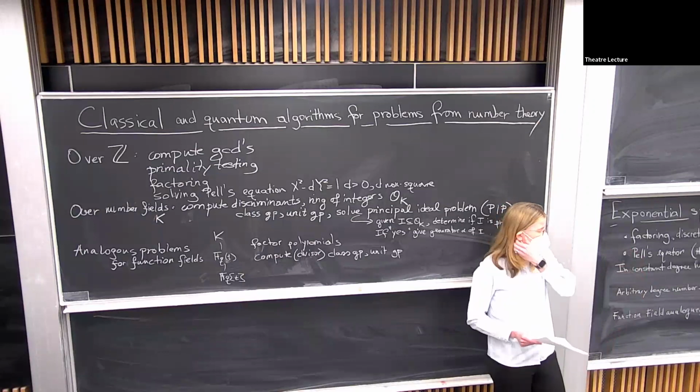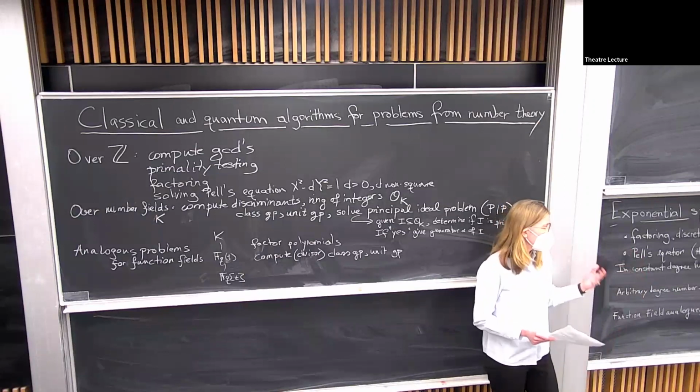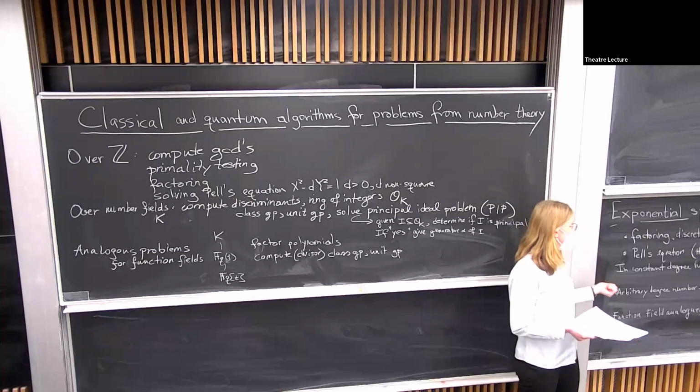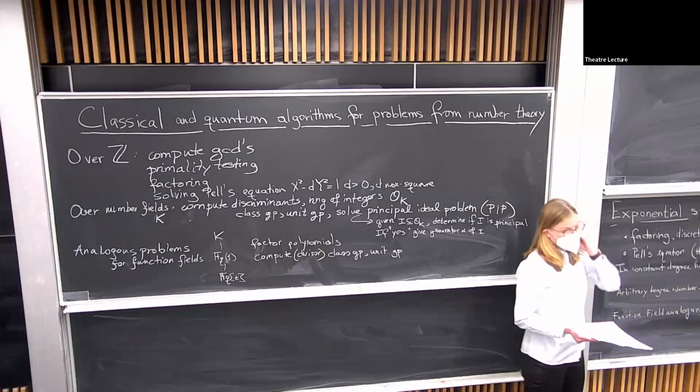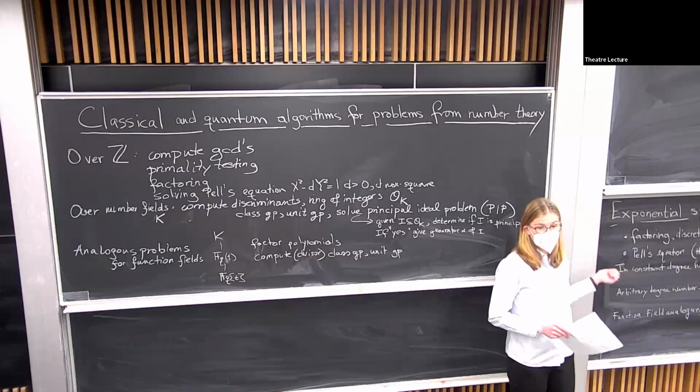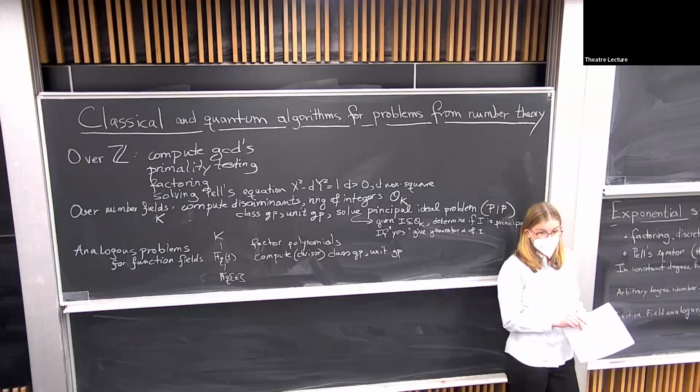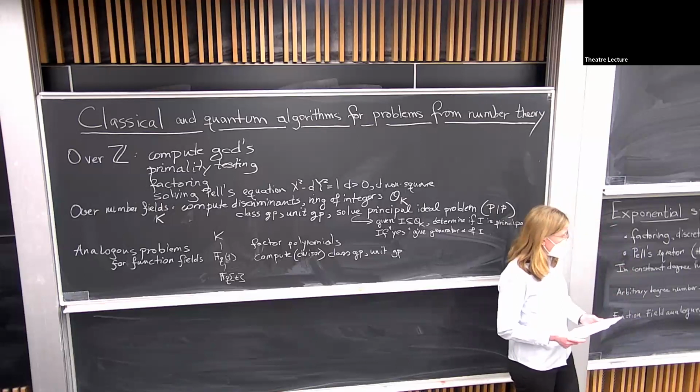So we do have a function. It's possible to construct a function whose period is the regulator, and that's really the function that this quantum algorithm for Pell's equation computes.